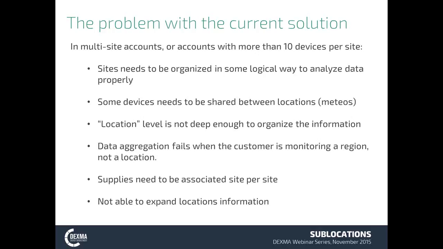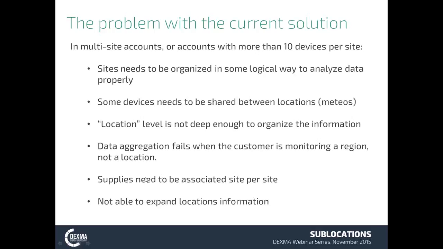If you had a meter installed in a zone or a region, then when you were in the dashboard zone aggregating all the information, DEXCell ended up with double counting, which was a pain for the end user, who finally could not use the dashboard properly.